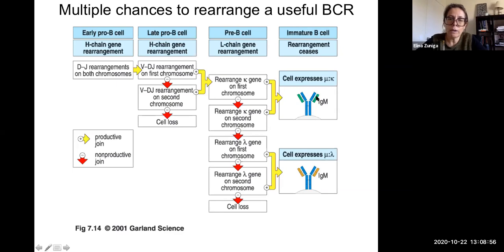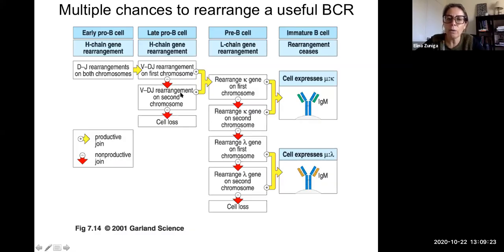Now, in the event that these checkpoints fail, for example, if the first attempt to generate a mu chain in one chromosome fails, and there's no expression of pre-BCR, there's no inhibition of rearrangements of the second chromosome. And this developing B cell basically has a second chance.